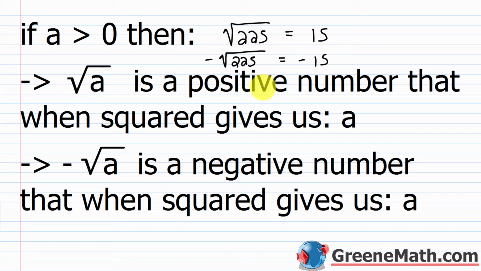So you want to know the two different ways to notate that, because moving forward on your test, if your teacher says, okay, I want the square root of, let's say, the number 9, you have to know that the answer is 3, just positive 3. If she was to say, I want the negative square root of 9, you have to know that the answer is going to be negative 3.